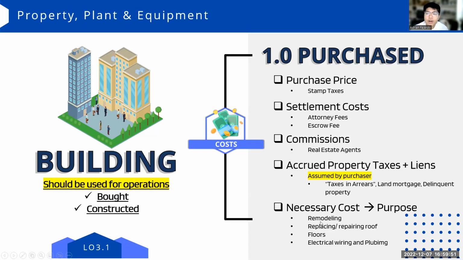If you see remodeling, replacing or repairing roof, flooring, electrical wiring, and plumbing, all of those should be associated with building. Again, all are associated with building purchases, right?